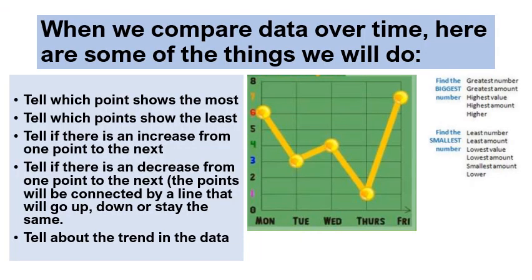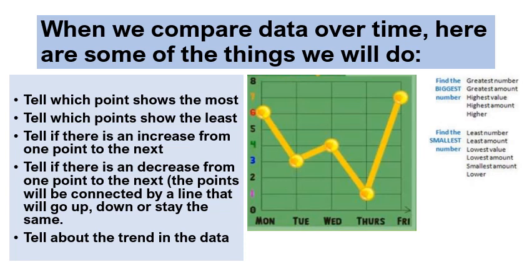When we compare data over time, here are some of the things we will do. We will tell which point shows the most. We will tell which points show the least. We will tell if there is an increase from one point to the next.